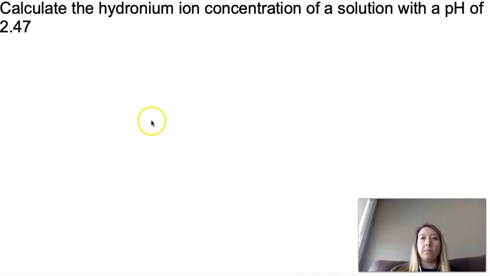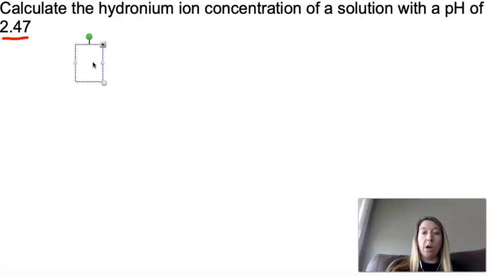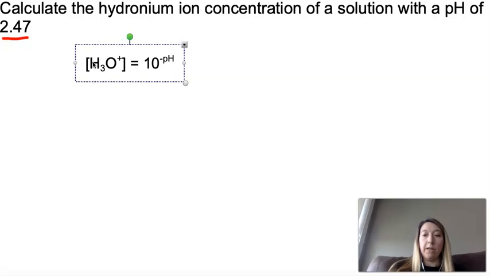Okay, so looking at just a really straightforward example: calculate the hydronium ion concentration of a solution with a pH of 2.47. In this case, your one given is that the pH is equal to 2.47. So our equation is that the concentration of hydronium is equal to 10 to the negative pH, okay?